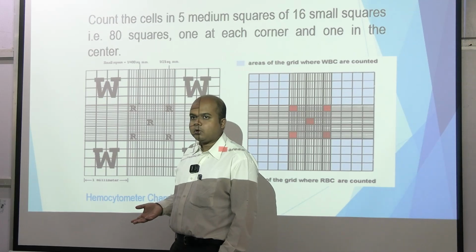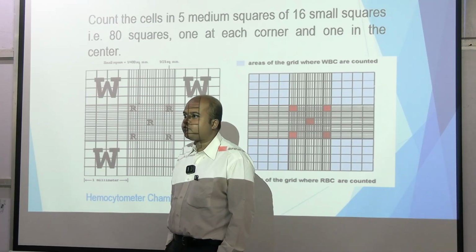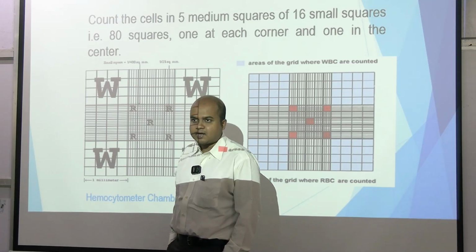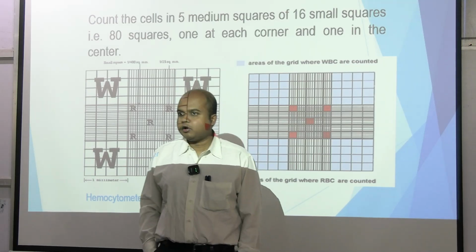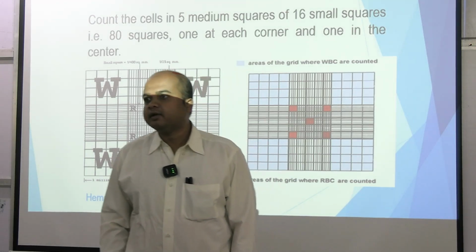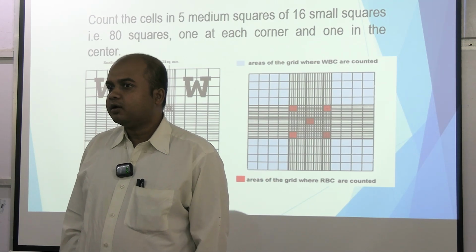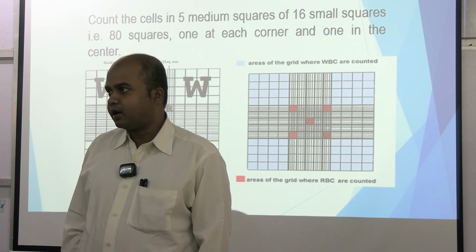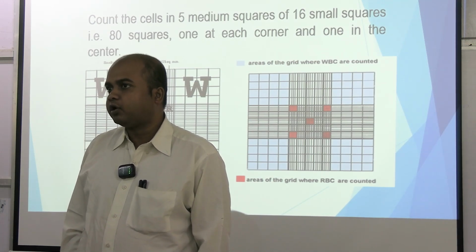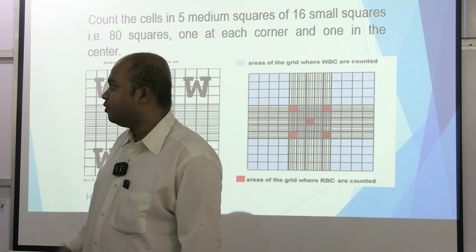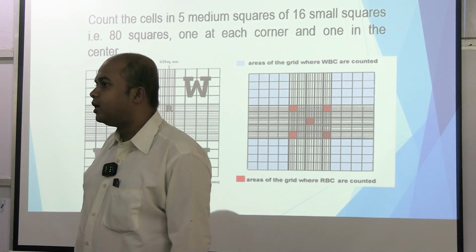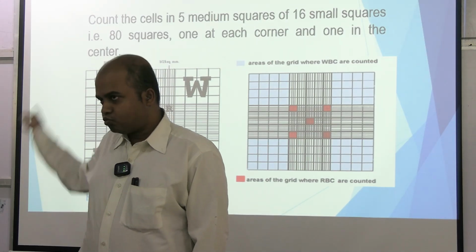But if x, instead of 220, comes to 600, that is an abnormal count. That means you are counting wrongly. Or if x comes to only about 50, or even below that, 40, 30, only 4 or 5 cells in one WBC square, that means one large one.